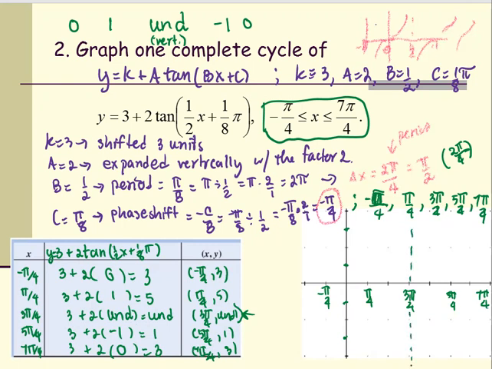And at -π/4, the function value is 3. We're going to make the increment as this is 2, 4, 6, -2, -4, -6. It's going to be that value. And then at π/4, the function value is 5.